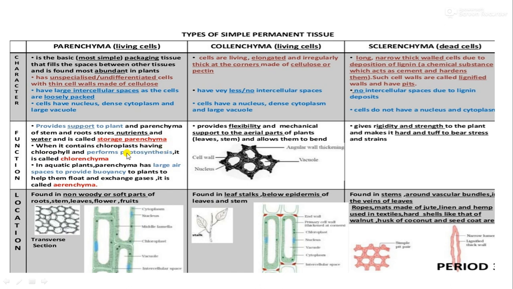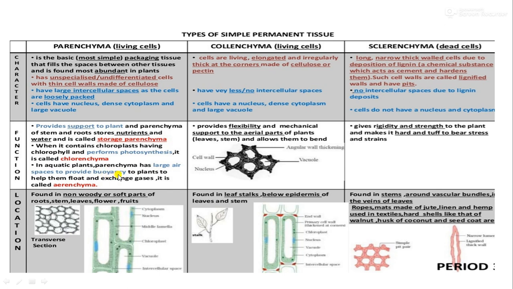We have learned that leaves function in photosynthesis and leaf cells have chlorophyll. So chlorophyll-containing parenchyma cells are present in leaves as well as in young stems. They are called chlorenchyma. And in aquatic plants, parenchyma has large air spaces.